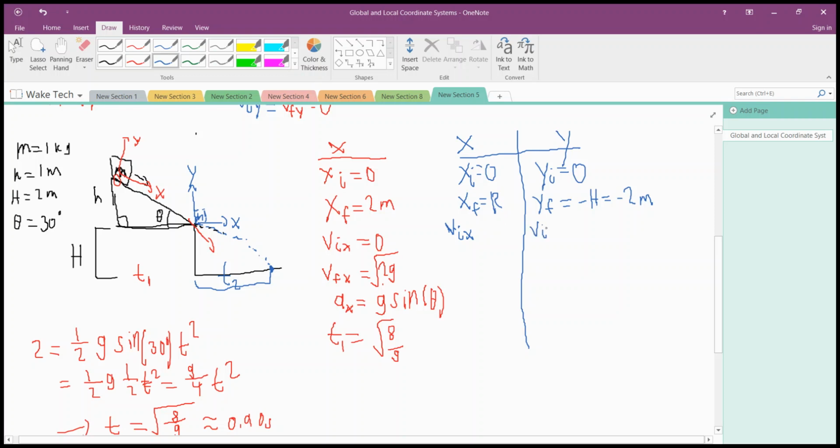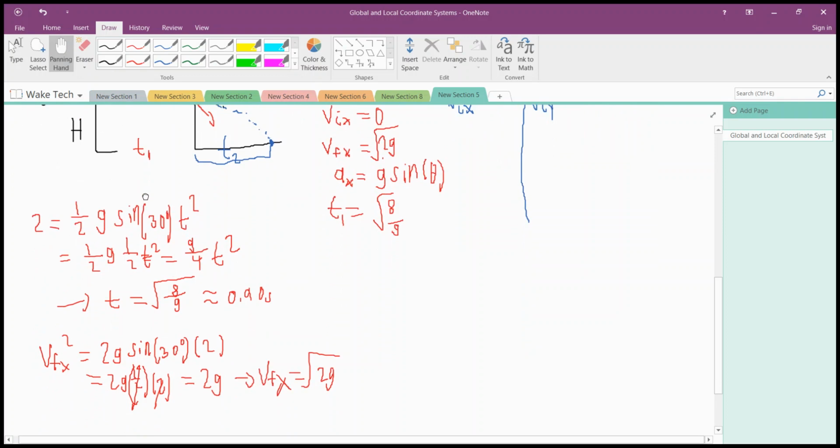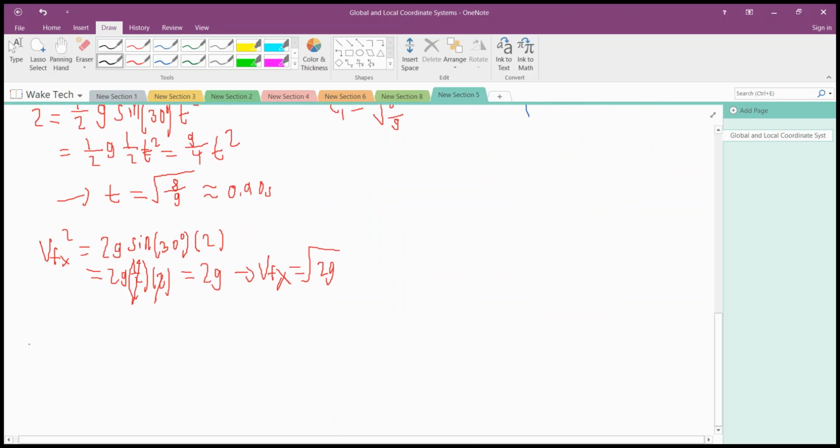So here, let's think about the situation a little more carefully. Let's create our wedge again, and then let's extend this line out like this, extend this line out like that. We know that this is theta, and we know that this is theta. We know our object, as it's leaving the ramp, is going to have a velocity that looks like this.